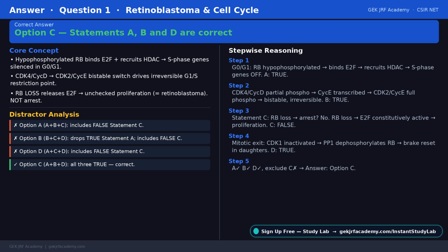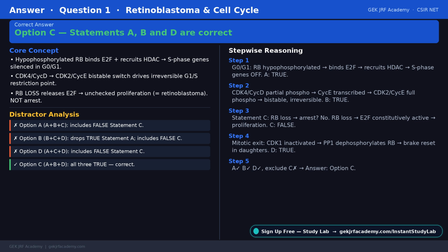The core concept. RB is the molecular brake that prevents premature S-phase entry. In quiescent cells, RB is hyperphosphorylated and bound to E2F. This complex recruits histone deacetylase to silence genes encoding cyclin E, PCNA, and other S-phase components.